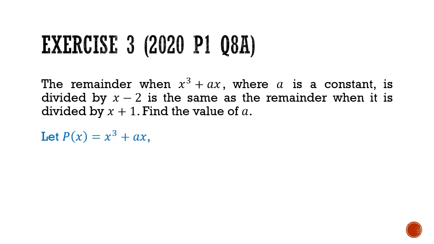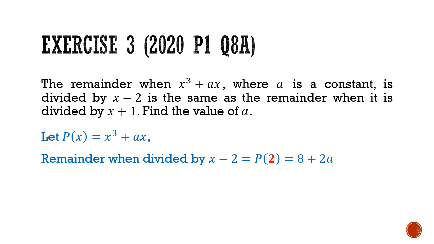So first we set the polynomial p(x) to be equal to x cubed plus ax. To find the remainder when divided by x minus 2, we need to substitute what makes x minus 2 zero. What makes the divisor 0? So x has to be 2. We'll substitute x equals 2, so p(2) equals 2 cubed plus 2a. Next, we want the remainder when it's divided by x plus 1.